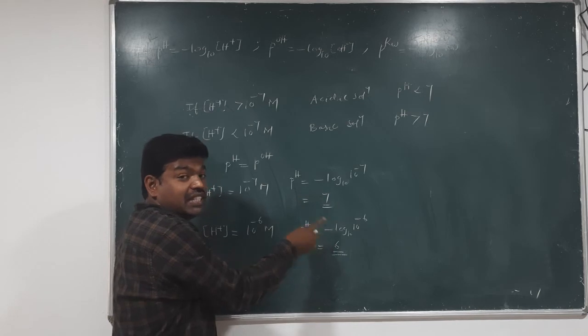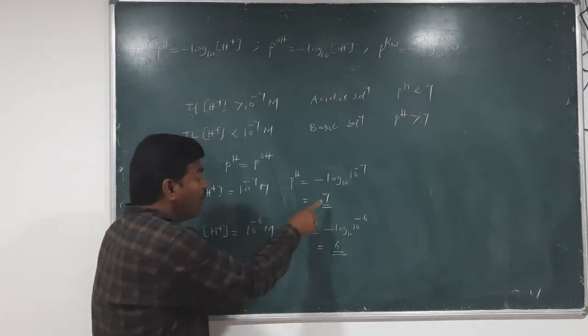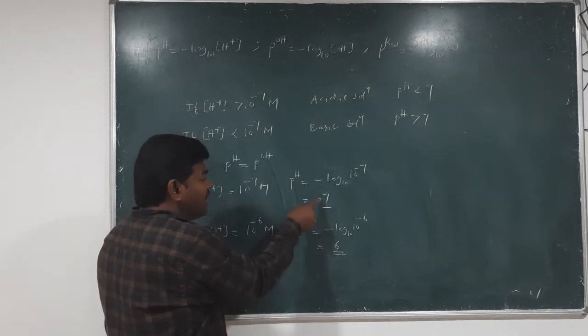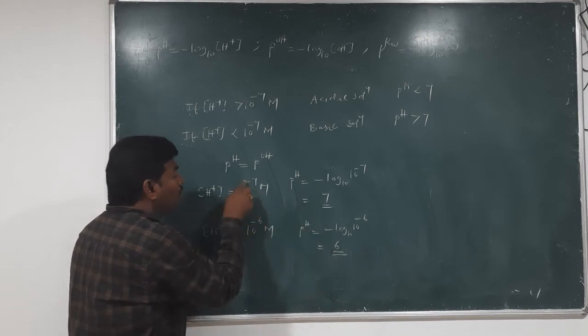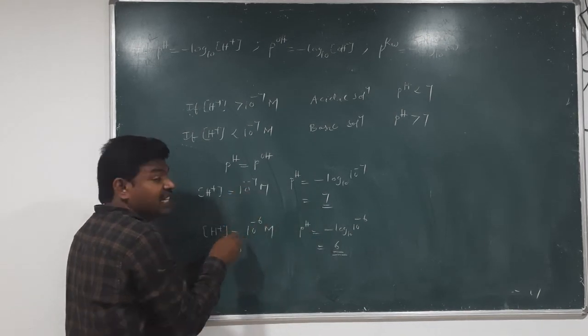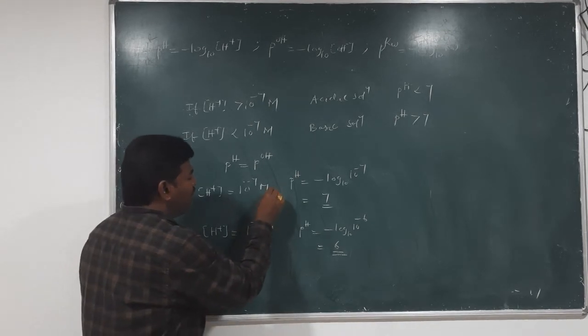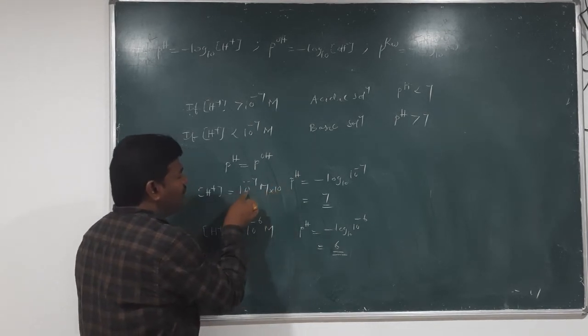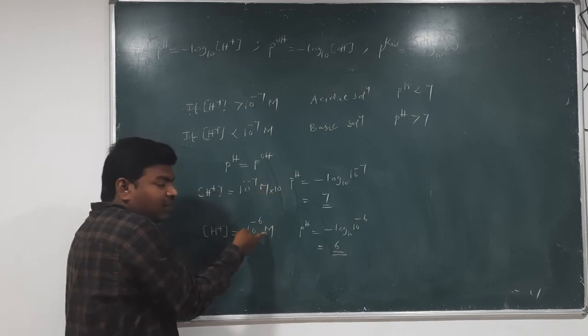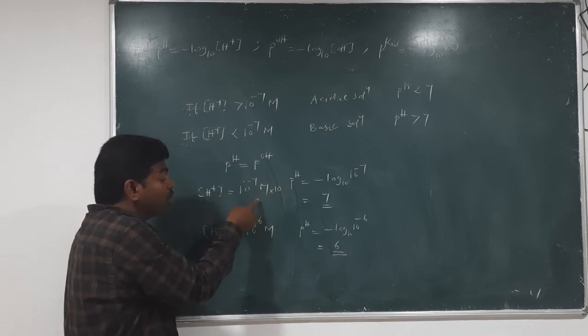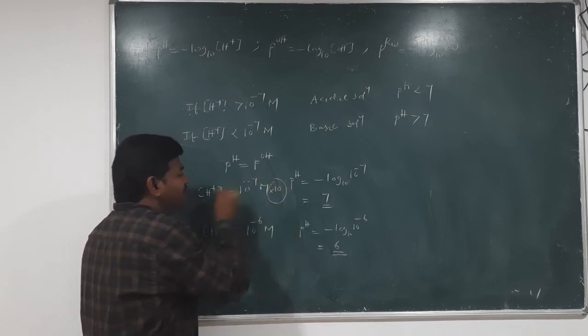One unit of pH change means that the concentration of H plus ions changes by a factor of 10. For example, if you multiply this 10 to the power of minus 7 with 10, that gives 10 to the power of minus 6.